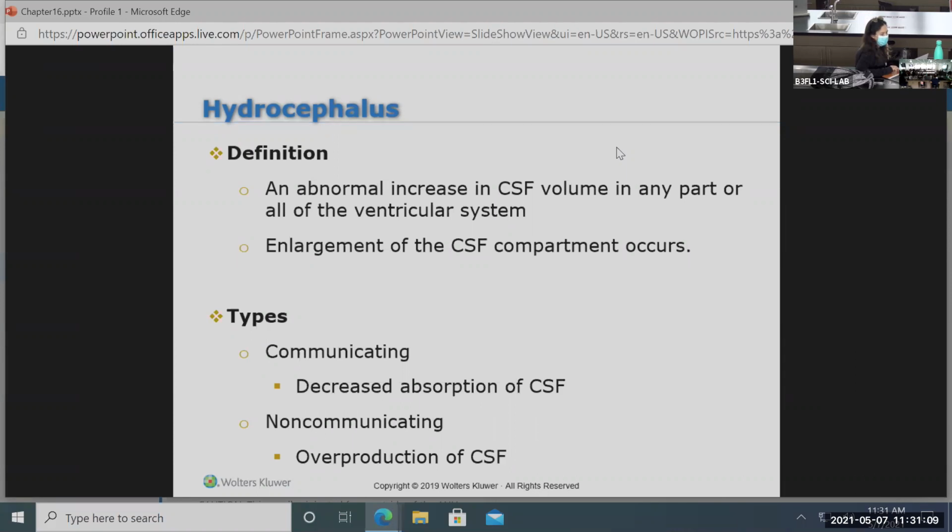Decreased absorption is the communicating type, where CSF is there, but the CSF is not undergoing reabsorption. Because CSF is produced by what? What is CSF? Cerebrospinal fluid. How is the cerebrospinal fluid formed?